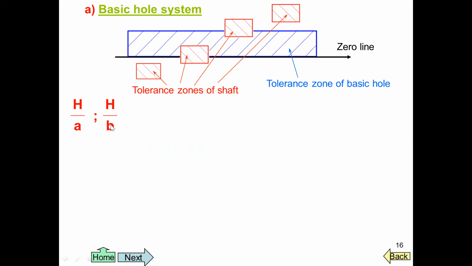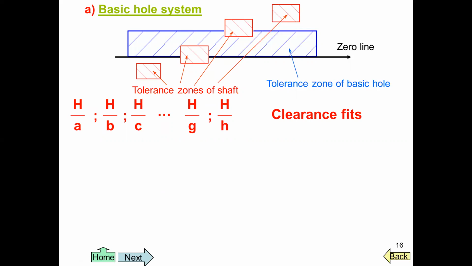H over b, H over c, etc., and H over g, H over h. All of these fits belong to clearance fits in the basic hole system.